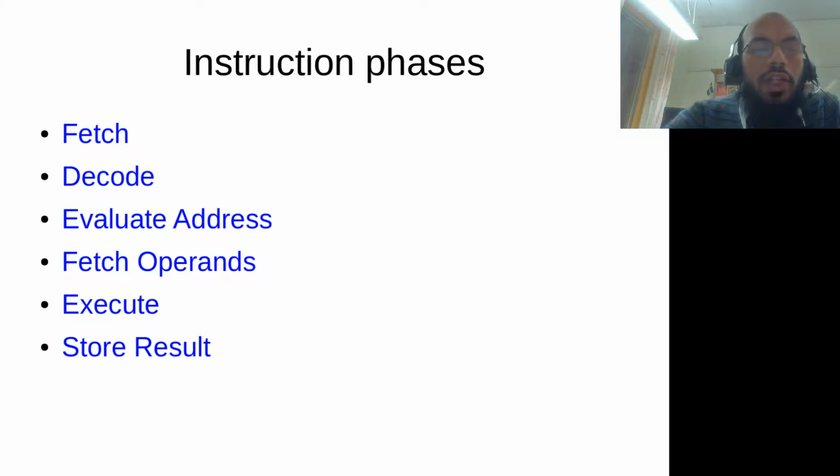So you evaluate the address, and after evaluation you fetch the operands, then you execute. I just got all the data that I needed, so I execute, which is I multiply them or add them or shift them or XOR them or do something to them, and then I store the result somewhere, probably in a register or in an address.